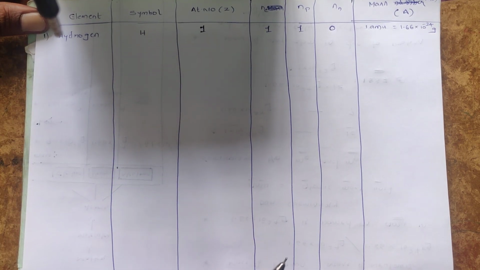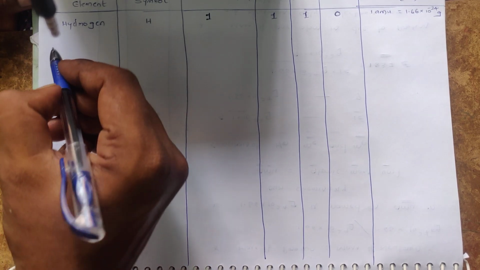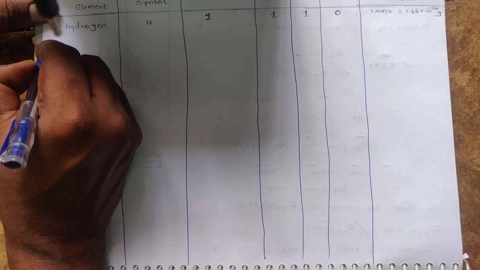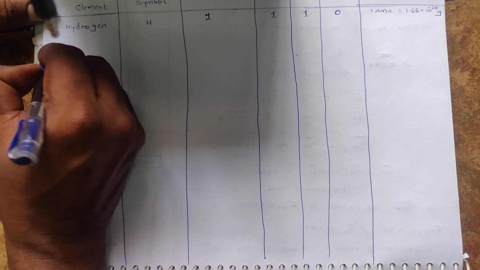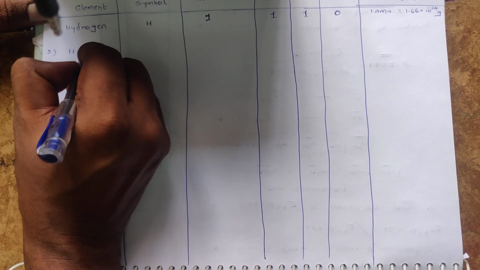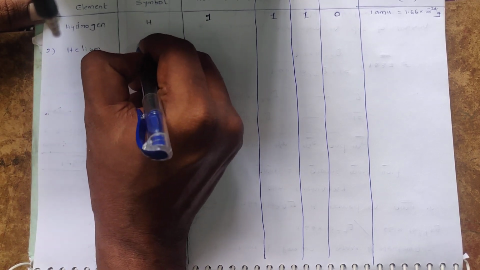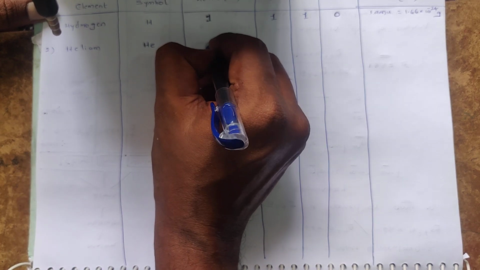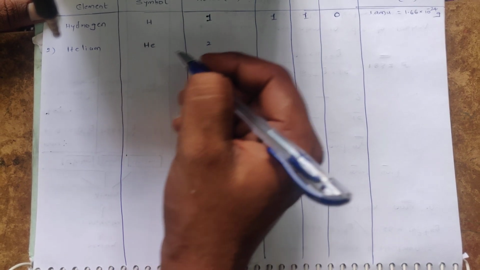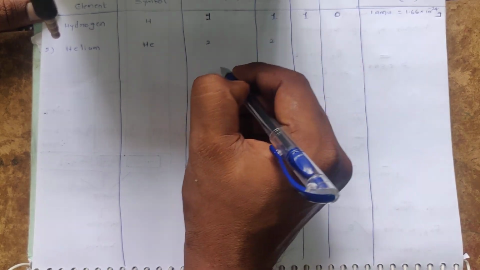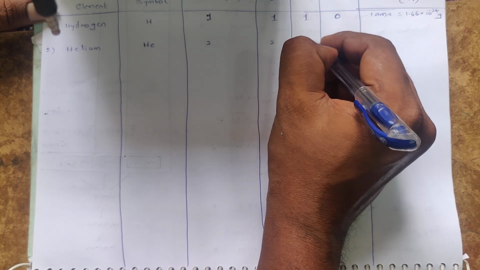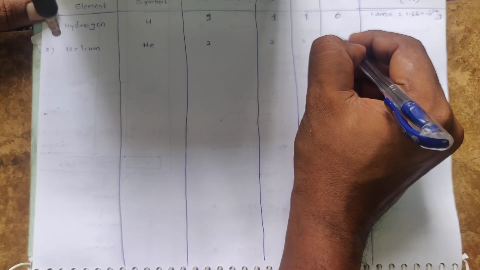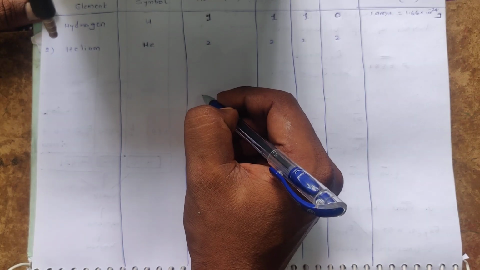Now come to the next one, helium. What is its atomic number? Its symbol is He. Its atomic number is 2. Number of electrons is 2, number of protons is 2, number of neutrons is 2.